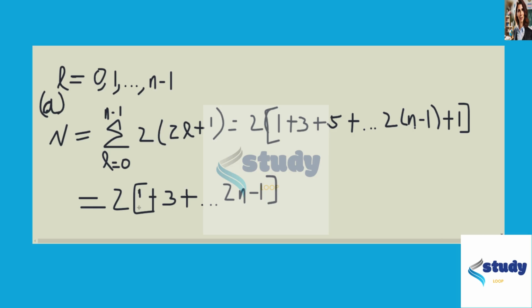But the quantity in the bracket has n terms whose average value is equal to 1/2 times 1 plus 2n minus 1.